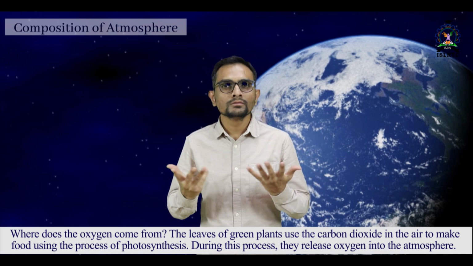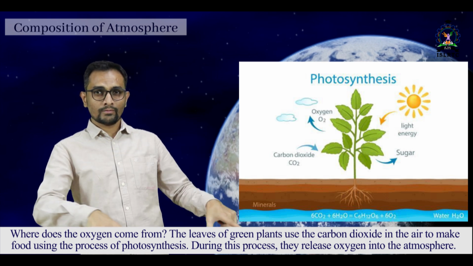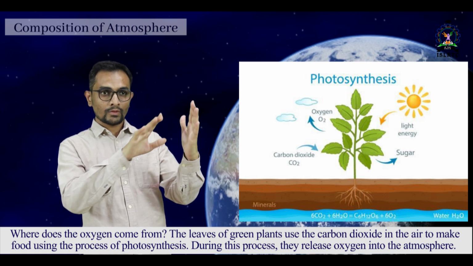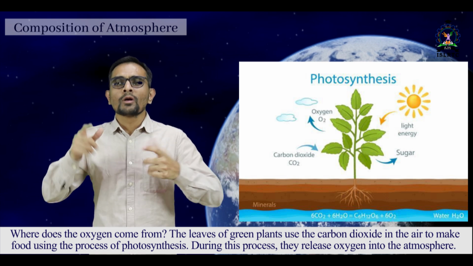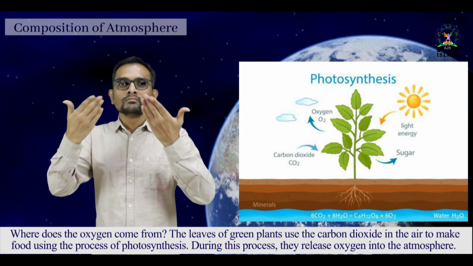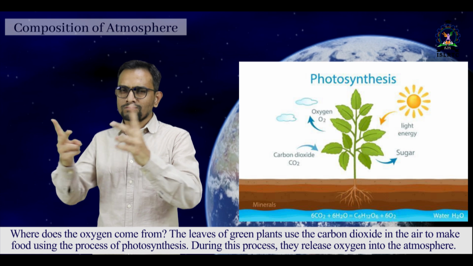Where does the oxygen come from? The leaves of a green plant use the carbon dioxide in the air to make food using the process of photosynthesis. During this process, they release oxygen into the atmosphere.